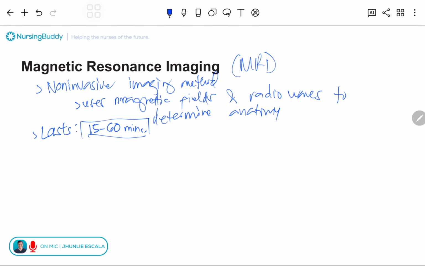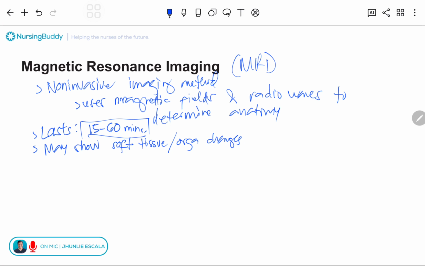So, dito rin, kapatid, ano ba ang gusto natin mangyari dito? So, the MRI may actually show your soft tissue or organ changes.